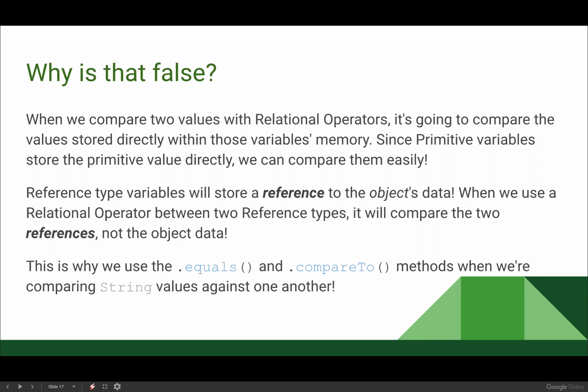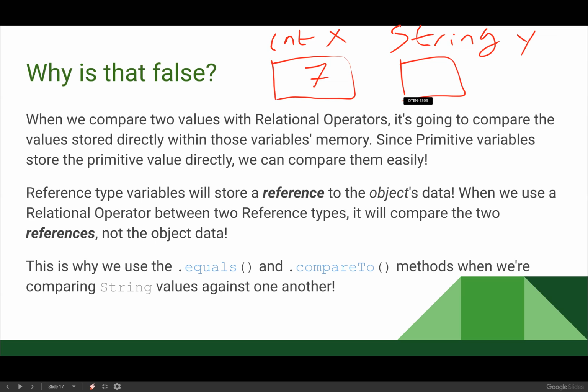Because when we compare any two values with relational operators, it's going to compare the value stored in that variable's box. So for a primitive value, if I have an int x, its box is going to have some number in it. If I have an object though, like a string y, the inside of its box is some reference.